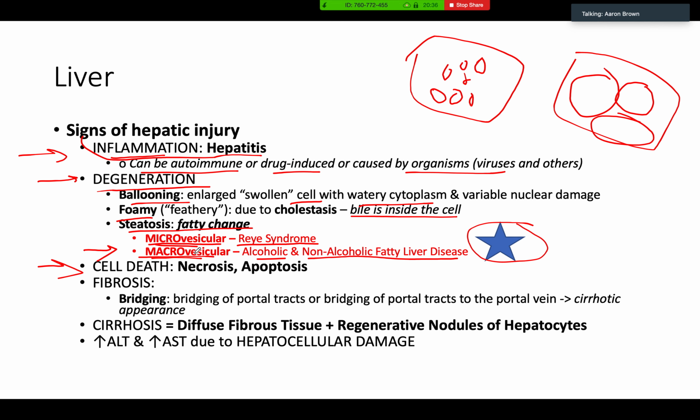So that's macrovesicular. Macro is big. And so if you want to drink, you have to be older, and so that's where you see the macrovesicular fatty changes. Okay? And I do see questions on that, so maybe you'll have one question on your whole exam about it, but it's still something that's kind of nice to know, and might help you down the line. Who knows?